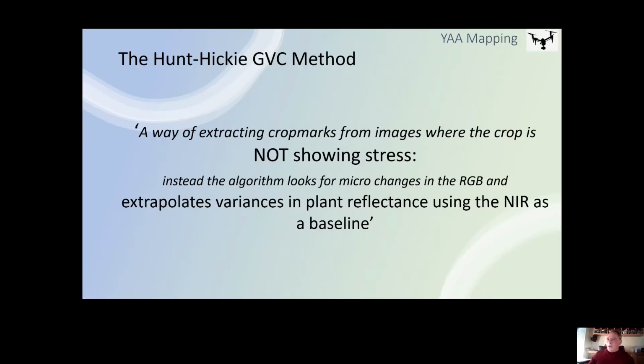So what Andy and I have come up with is a method which we call the HHGVC method, and this is a way of extracting crop marks from images where the crop is not showing stress. And instead what we do is we've written an algorithm that takes the image, splits it out into the 4 channels, and extrapolates variances in the plant reflectance using the near infrared as a baseline.